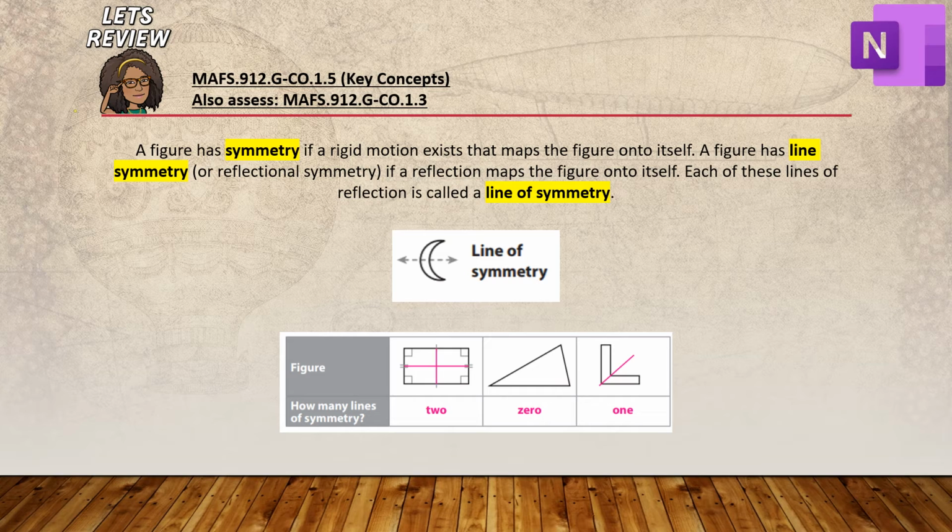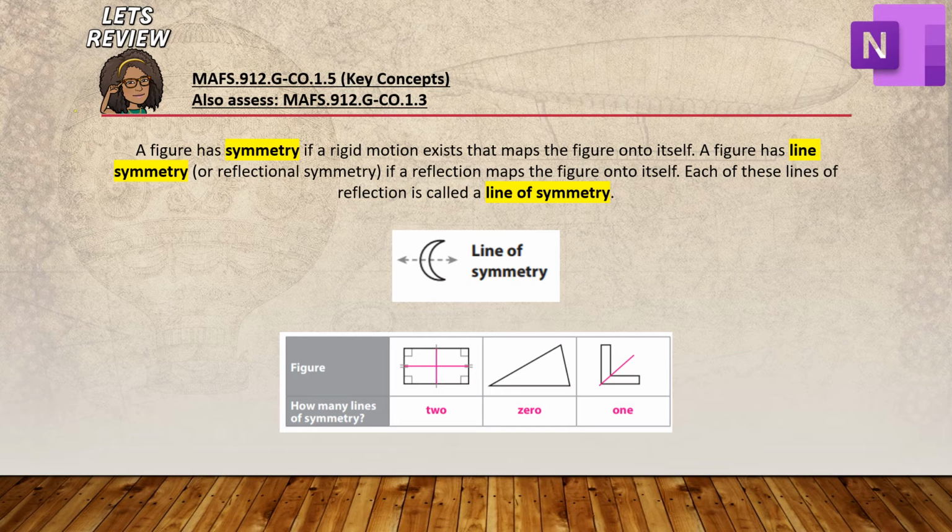So when we're talking about symmetry, there are two types of symmetry. We have in this picture a line of symmetry, or line symmetry, or we can also call it reflectional symmetry, where you can draw lines through figures, and if we fold the figure over this line or reflect the figure over this line, it will map onto itself evenly.